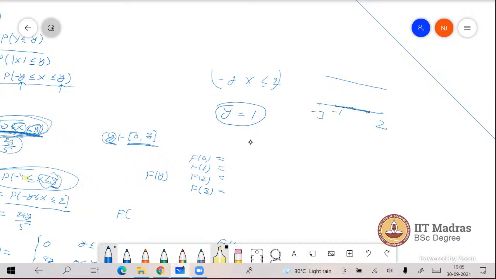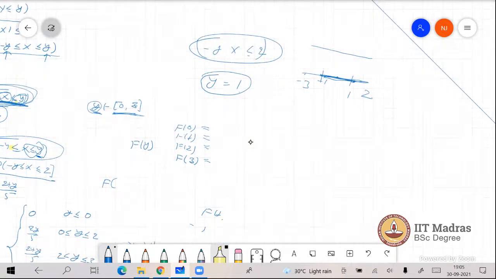This thing only. But what you have done is calculated from -1 to 2. That's also I don't want. I just want from -1 to 1 only, right? So I have to take care of all such cases. If I restrict the upper limit to 2 for all such cases, then it will be wrong, because I need just the probability from -1 to 1 only, and you have calculated from -1 to 2.